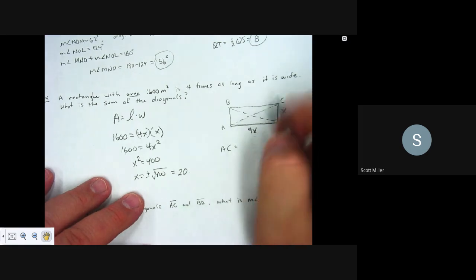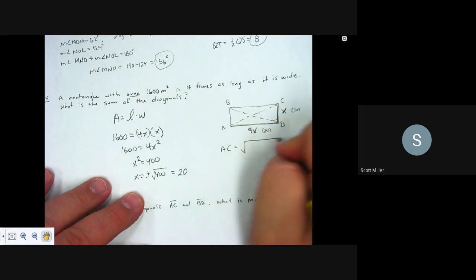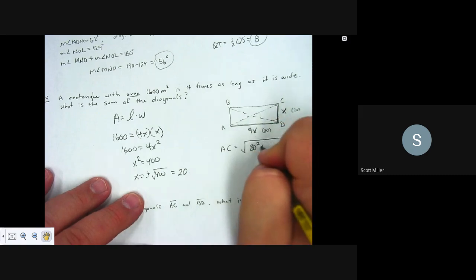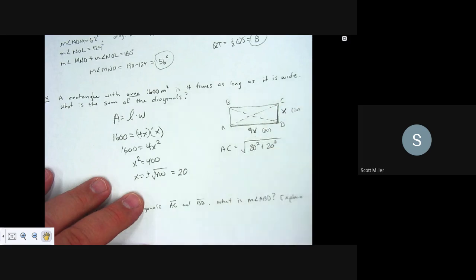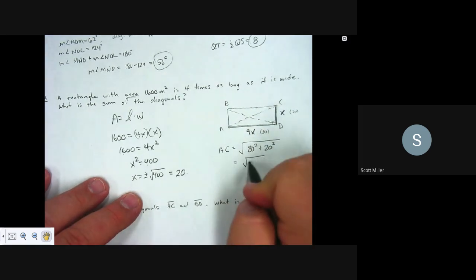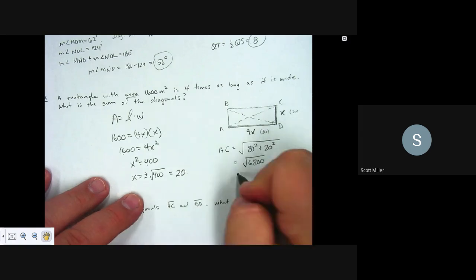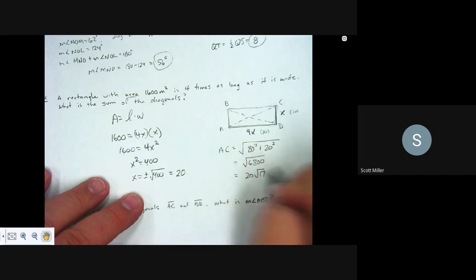Well, this is 80, and this is 20. So AC is the square root of 80 squared plus 20 squared. And then we can work this out on a calculator or simplify it by hand. And if you simplify it by hand, you're going to get 20 times the square root of 17.